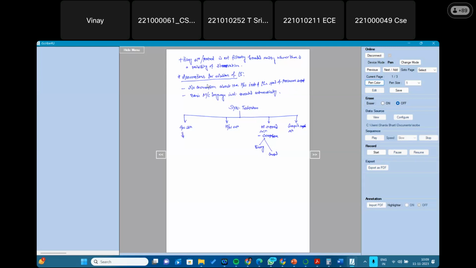It is an algorithm whose correctness does not depend on any other assumptions. So it is a pure software based solution for the synchronization.